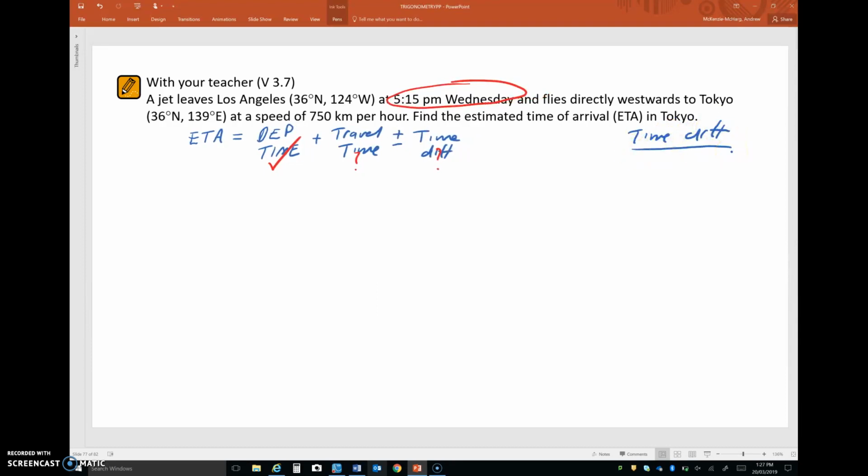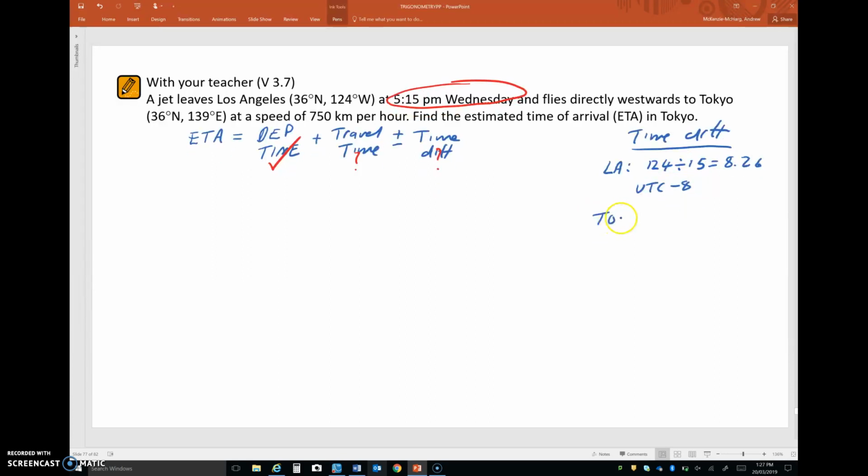So time difference from LA to Tokyo. Okay, so LA, we've got 124 west, so 124 divided by 15 will give us 8.26. So that means LA is UTC minus 8 hours.